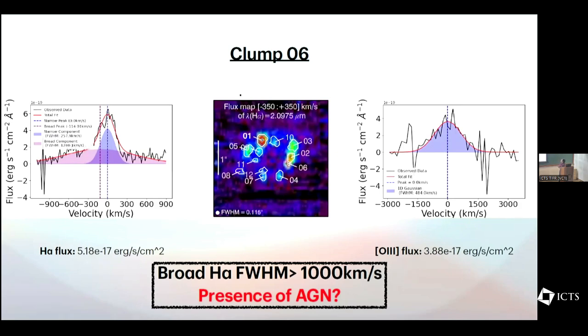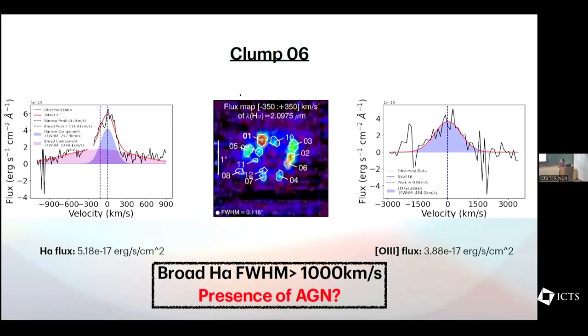Okay, so what is interesting is clump 6, which is here. For that clump, we are getting a very high broad component of the H alpha emission line. The full width at half maximum is greater than 1000 kilometers per second, which is not expected from a star forming galaxy, because this is what we find in an AGN.